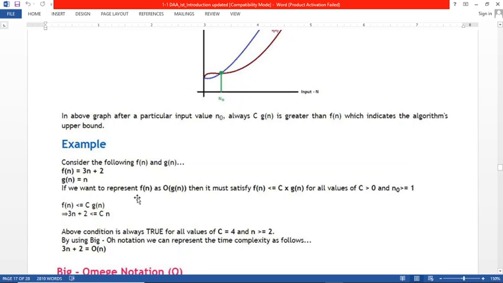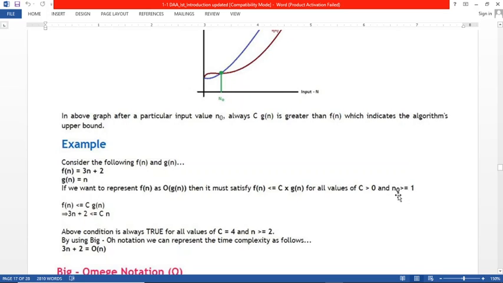If you want to represent f of n as big O of g of n, then it must satisfy f of n less than or equal to c multiplied by g of n, for c greater than 0 and n0 greater than or equal to 1.